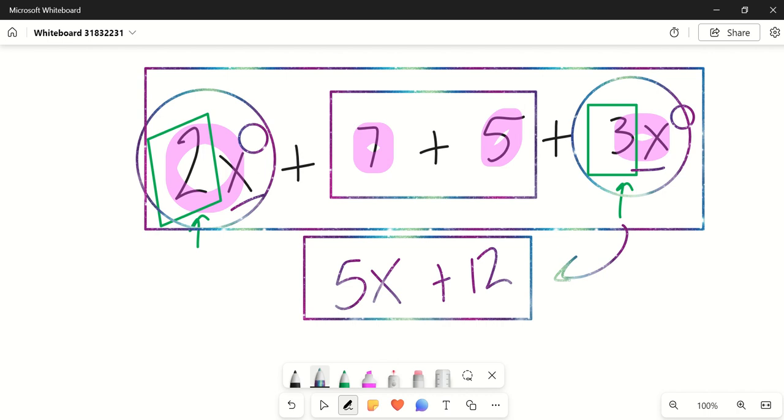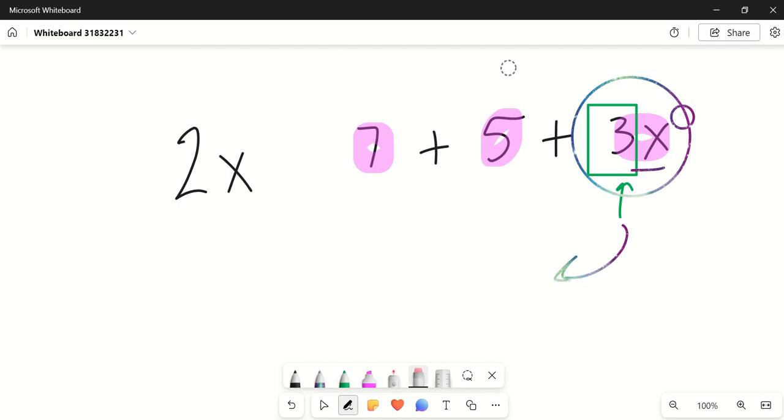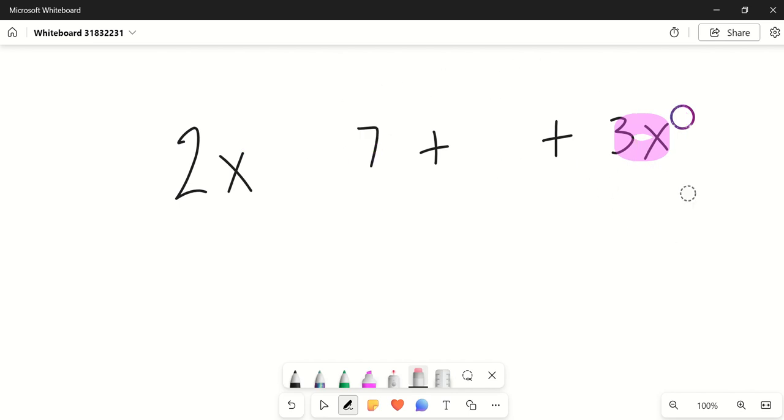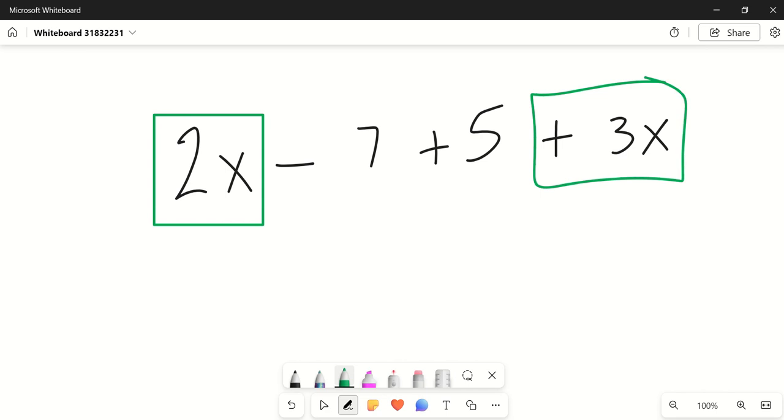And that is combining like terms. Now it's very important that you add in the symbol in front of it. In this case, this was all adding, so I just add them all together. But let's say this, for the sake of this question, this is 2x minus 7 plus 5 plus 3x. So again, I would combine my like terms, 2x and positive 3x.